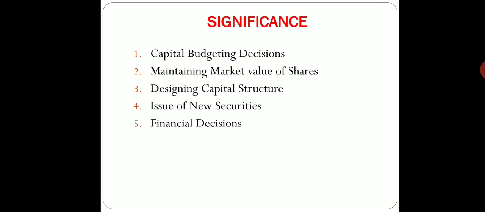When the company is going to prepare the capital budget, that is, how much capital is going to be required in the near future, what are their sources of income, how they are going to utilize their income, if that part is clear, then the company can easily raise their capital. And in capital budgeting, the company is going to select those sources or avenues in which the cost will be minimum and the company is able to get the maximum return.